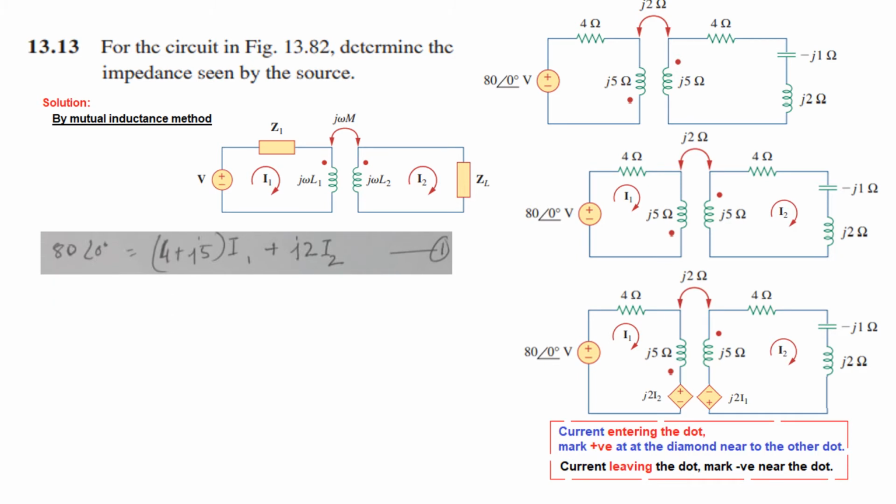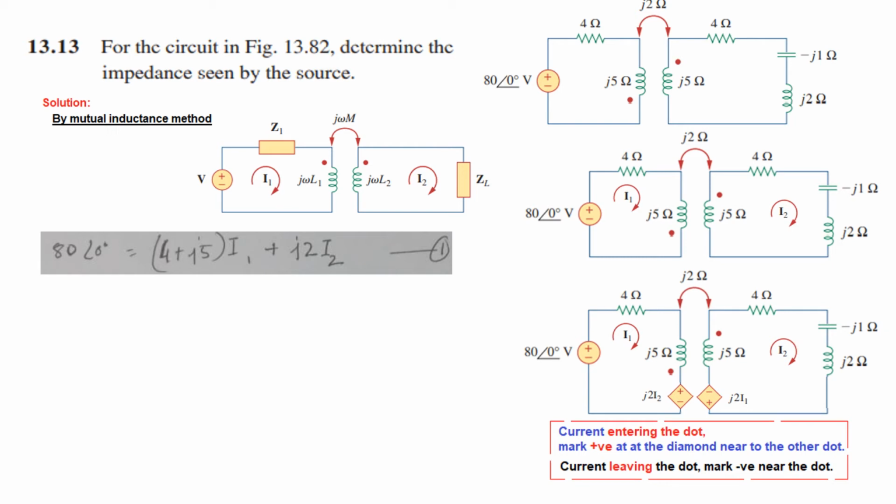For loop 1 we can write that the input voltage 80 equals (4 plus j5) multiplied by I1. And this one has a positive sign when we are coming from here, so we'll write positive j2 I2. This is our equation number 1. Similarly, we'll write the equation on the secondary side.